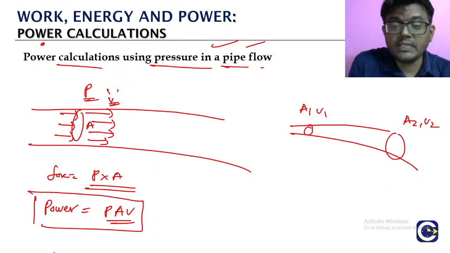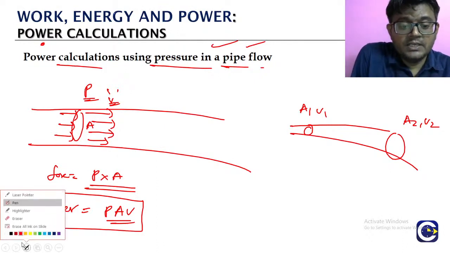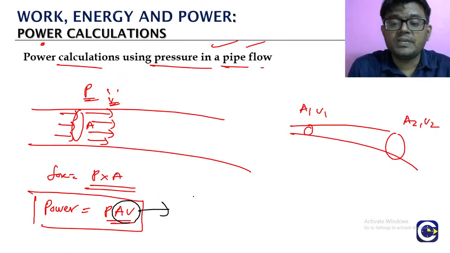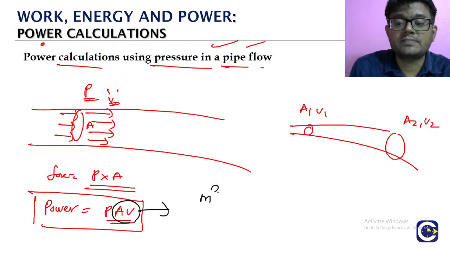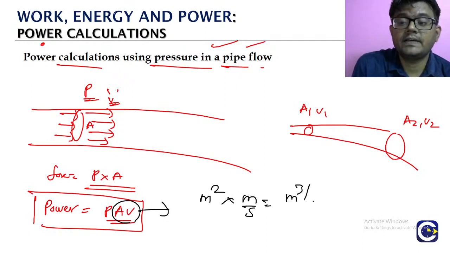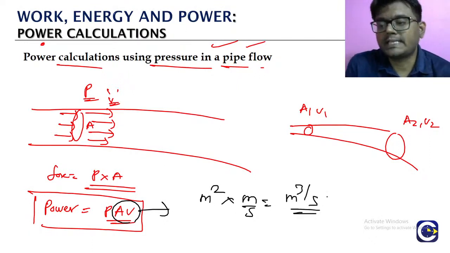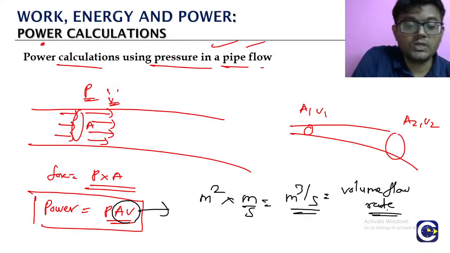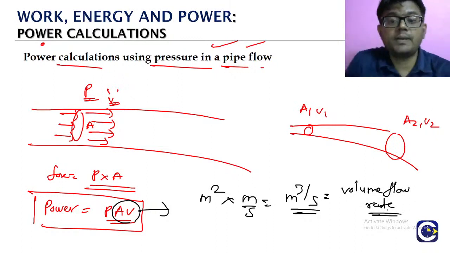Later, this area of cross section into velocity at any point in the fluid pipe, area of cross section will be having what units? Meter square. Velocity will be having what unit? Meter per second. So multiply them, what we'll get? Meter cube per second. So this will be what? Volume flow rate. So we'll talk about this when we go to the properties of fluid chapter.